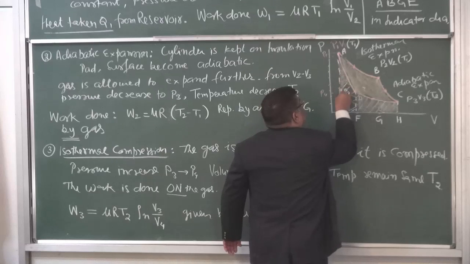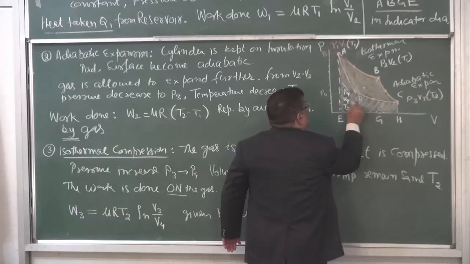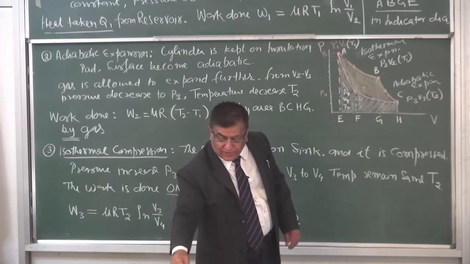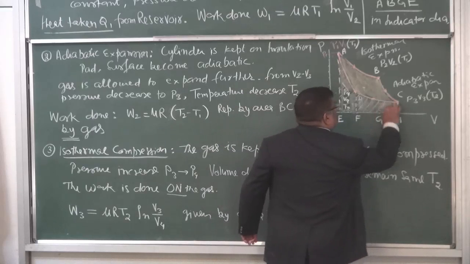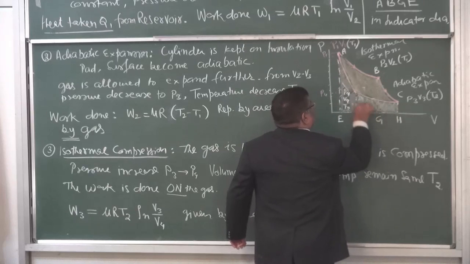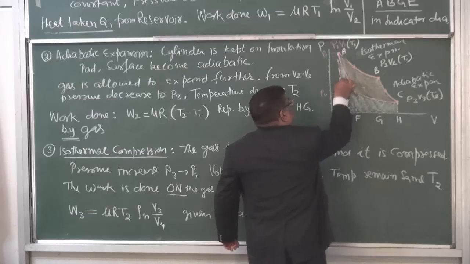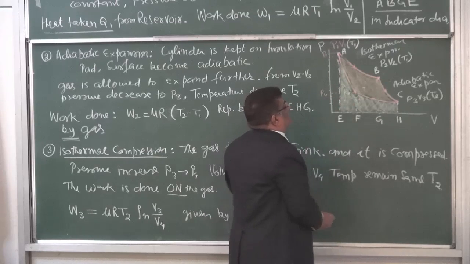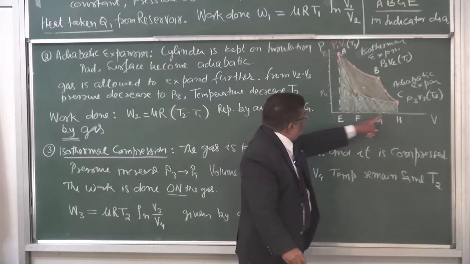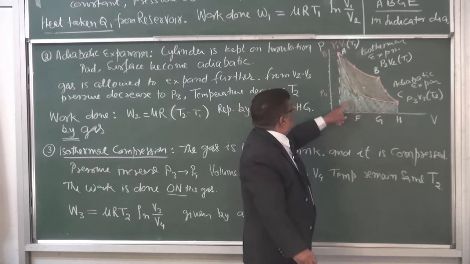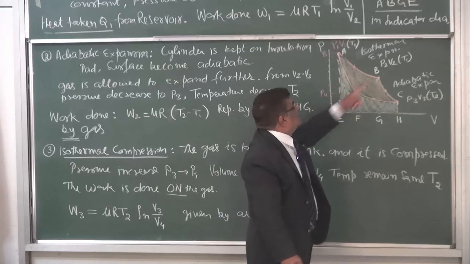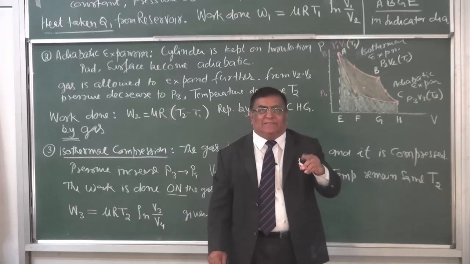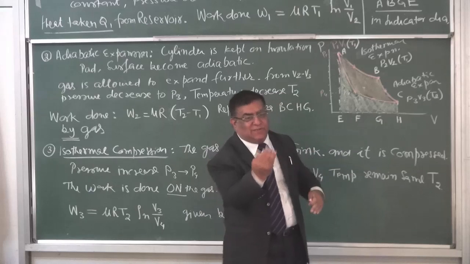Out of this we have to do work done on the gas, and this is work done on the gas, this is work done on the gas. If this was the total work done by the gas, and this is the work done on the gas, then what is this? This is our saving. The work done by the gas is more and the work done on the gas is less.